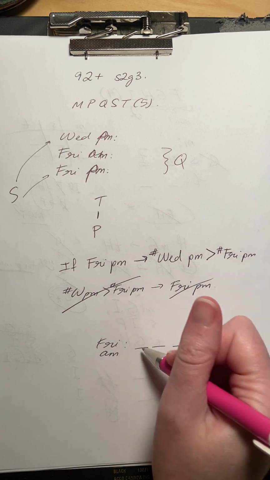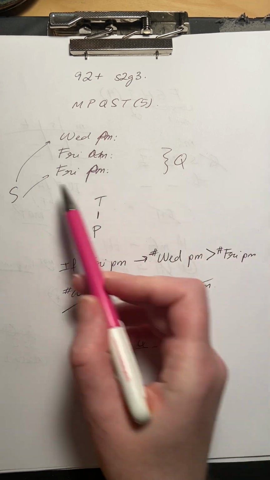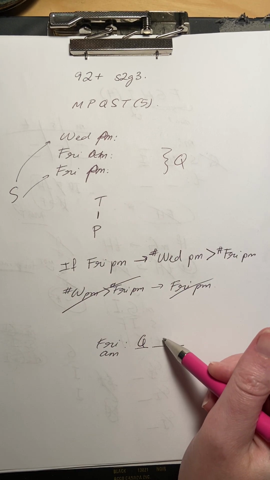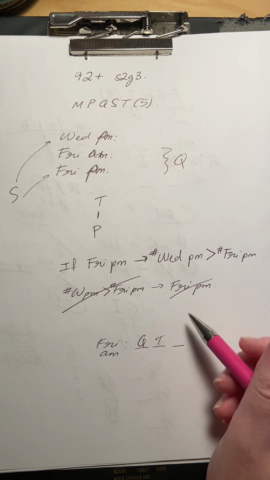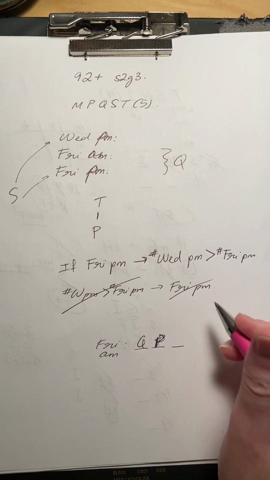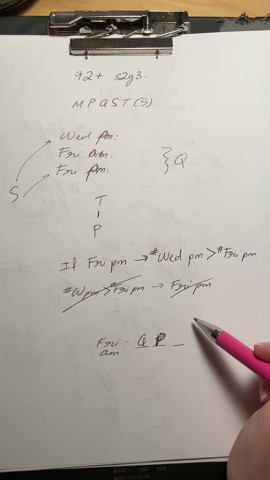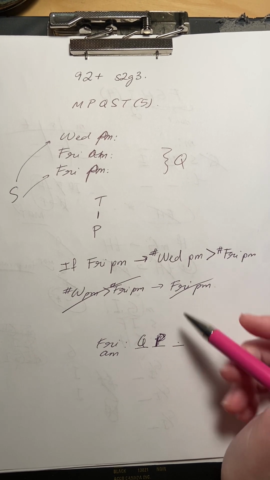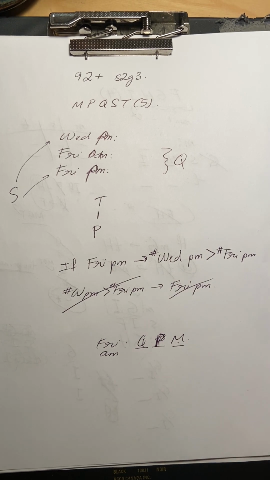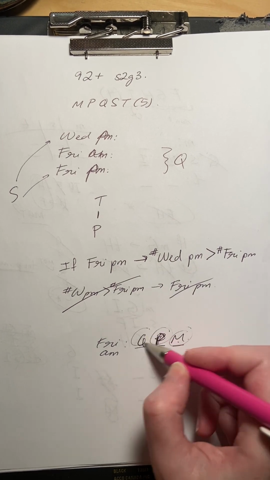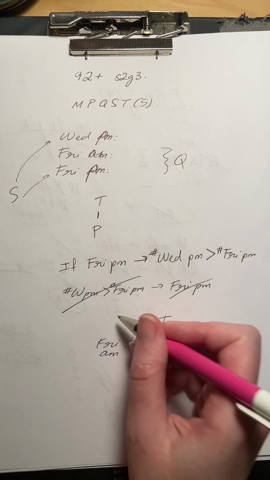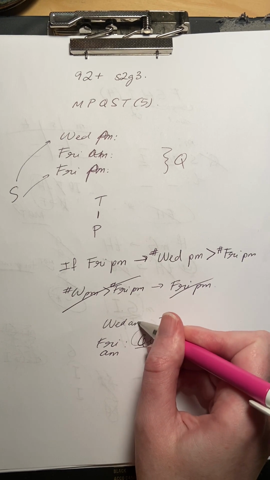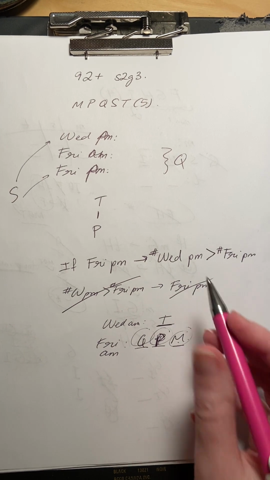So maybe Q, not S, of course. T and, nope, couldn't be T. So it would have to be Q, P, and M, I guess. Or maybe we're just told that there are 3 of them. I mean, if it's these guys, then we know for sure T is down here, Wednesday AM. Okay, yeah, then we know T is down here.